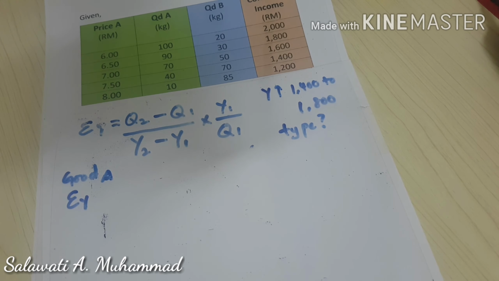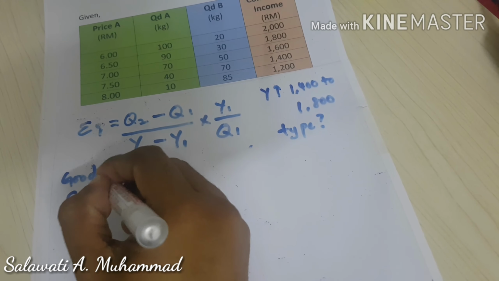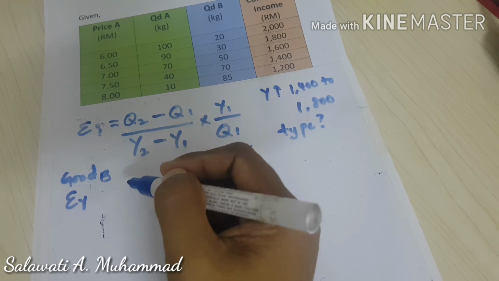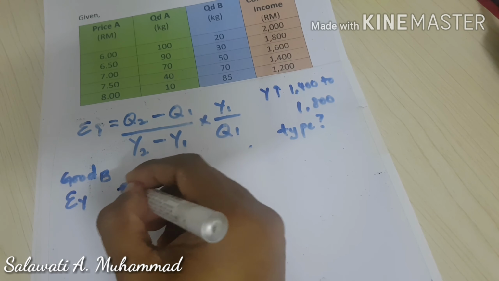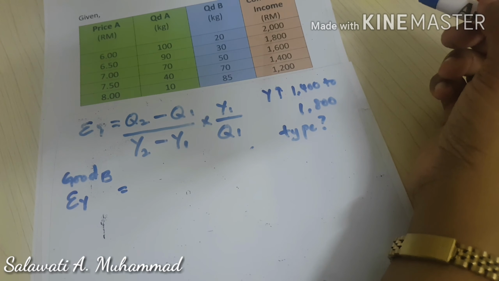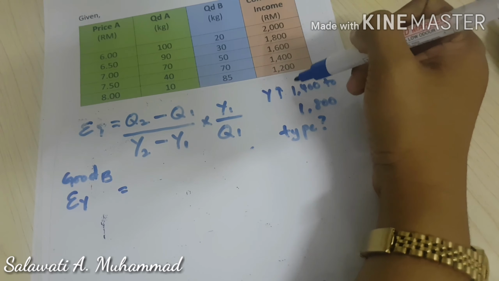Okay, right now we go to good B. We need to calculate income elasticity of demand for good B. So we do it one more time.